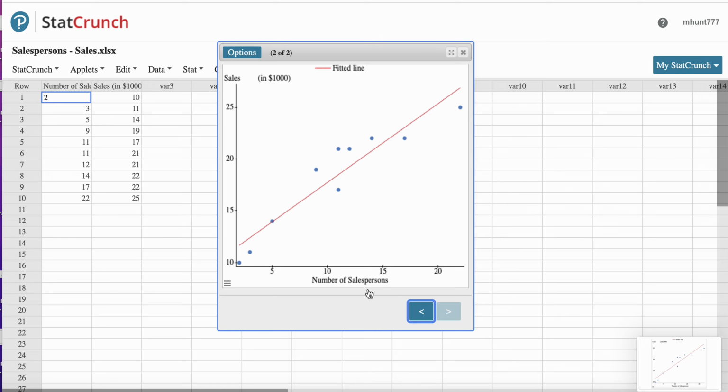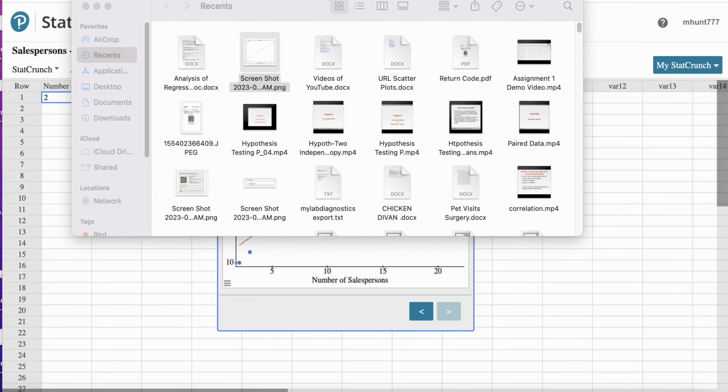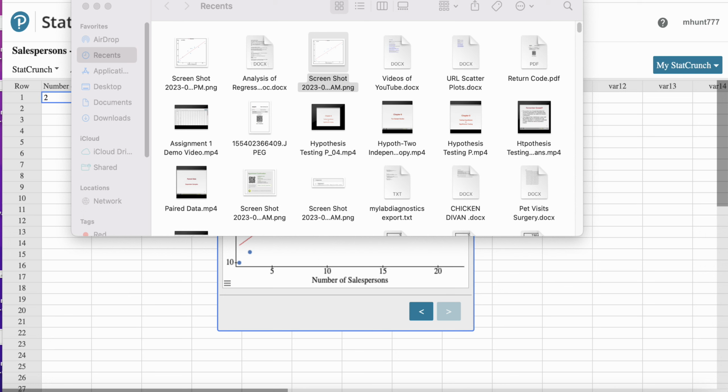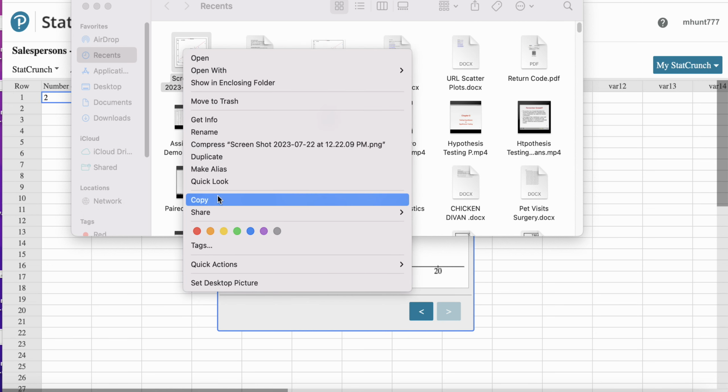And then I'd have to go find it. So I would go to my Finder, and there it is. And I could click on it, and then I could copy and paste it into my, say, homework document.